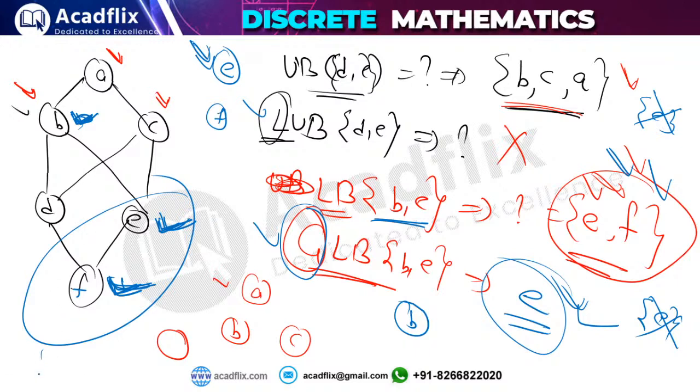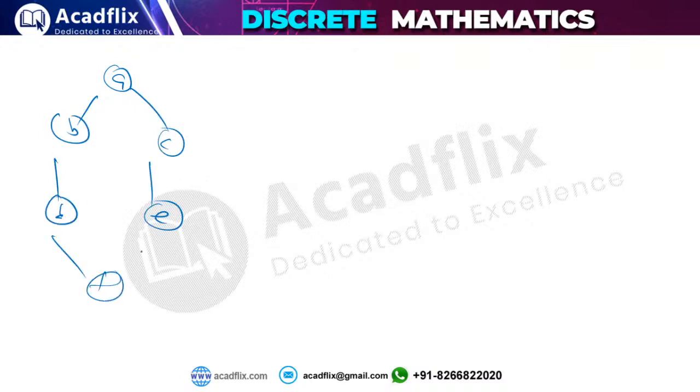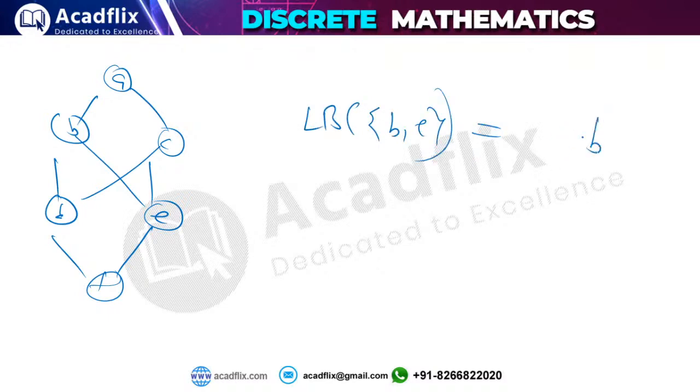Are you getting my point? Let me write it again. We have this type of diagram: A, B, C, D, E, F. In this diagram we were finding the lower bound of B comma E. In the lower bound, B cannot come.